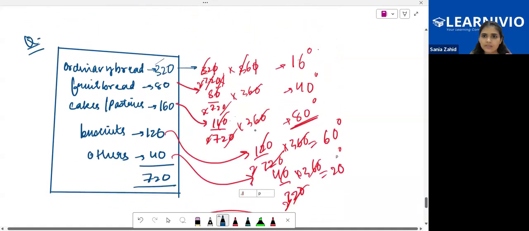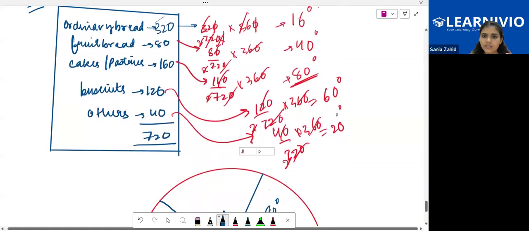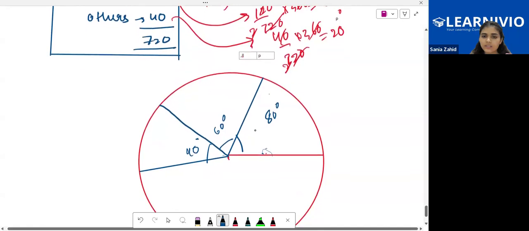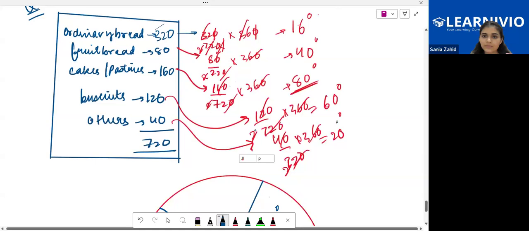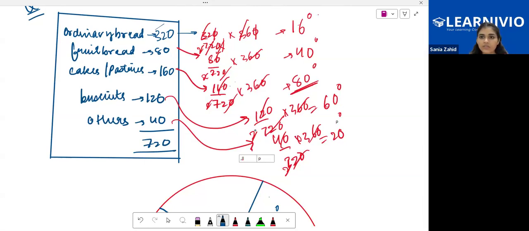Something is missing. 80, 60. Something is missing. All of this is not equal to 360.